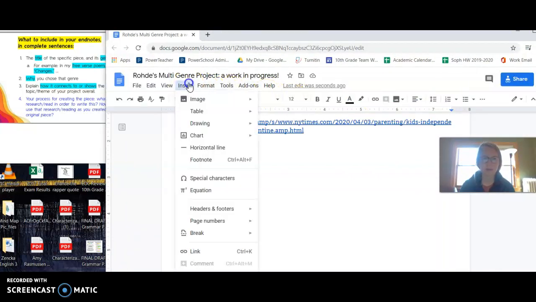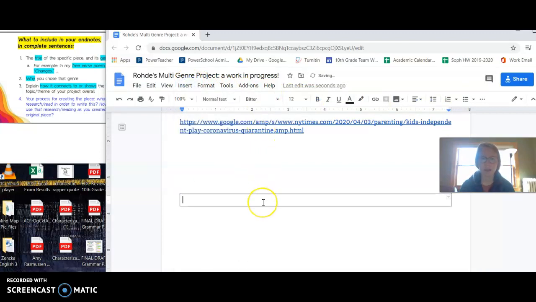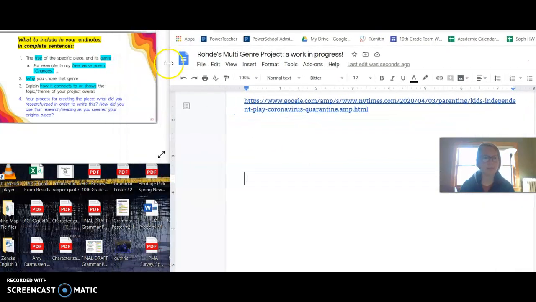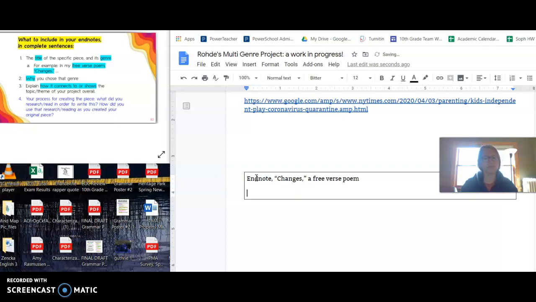I like the look of boxes, so I'm going to add a table, just one box, and I'll write my end note in here, okay? So I pulled up what I'm supposed to have in my end notes, and I'm going to start writing. End note, changes, a free verse poem.